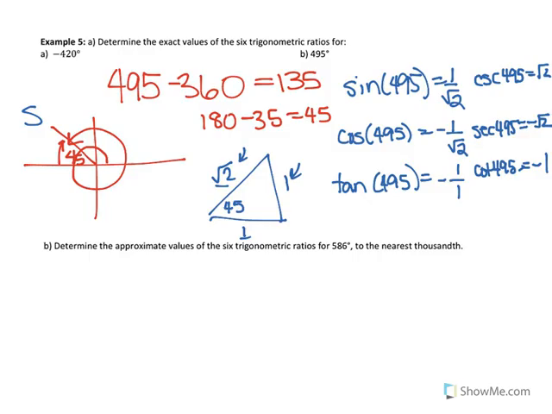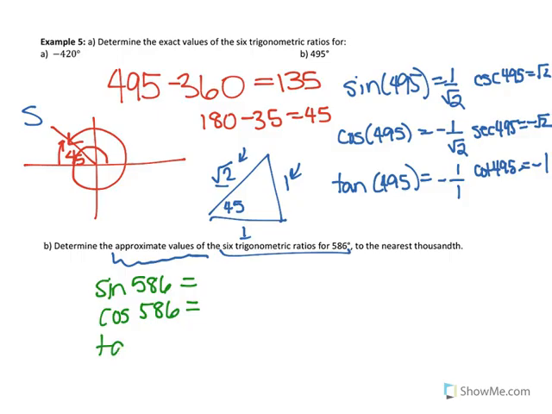Last one, determine the approximate values of the 6 trigonometric ratios for 586. Because it says approximate, we do not need to use exact. We do not need to find a reference angle, so we're just going to type it in. We're going to type sine 586, cos 586, tan 586.